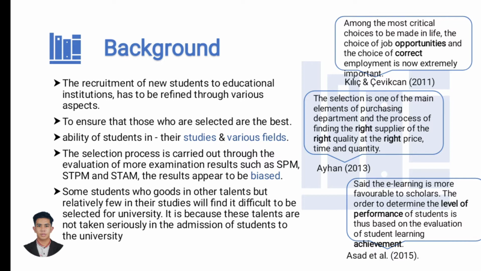The result appears to be biased. Some students who are good in other talents but relatively weak in their studies find it difficult to be selected for university because these talents are not taken seriously in the admission of students to the university.